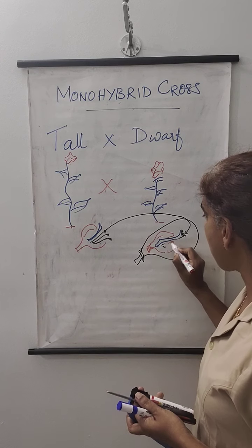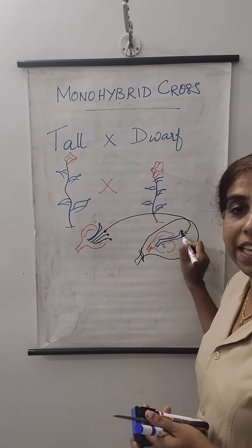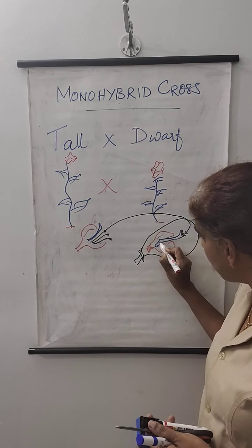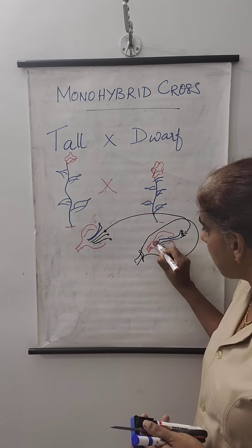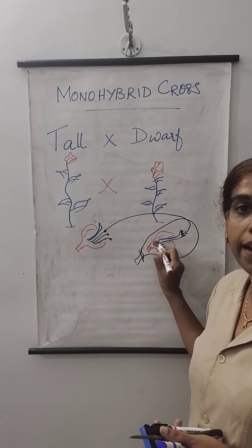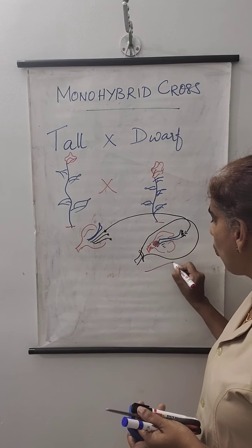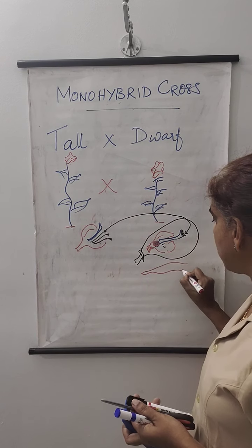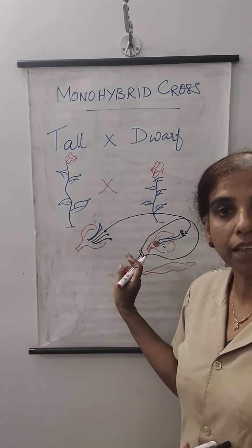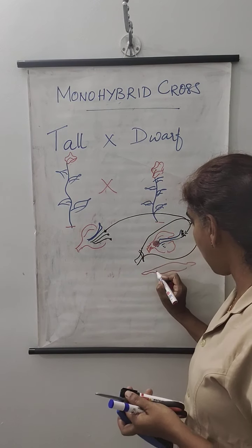What exactly happens is that the pollen grains will grow and fertilize the ovule at this ovary, and one seed will grow there.